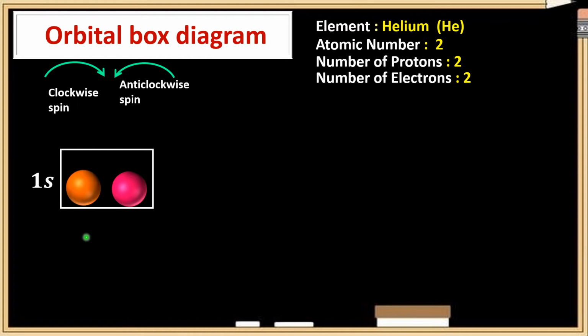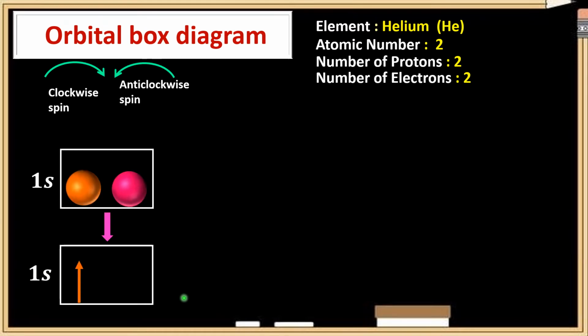Instead I will use arrows, upward arrows and downward arrows, to represent the electrons. So this upward pointing arrow represents the electron having the clockwise spin, and the downward pointing arrow represents the electron having the anti-clockwise spin.